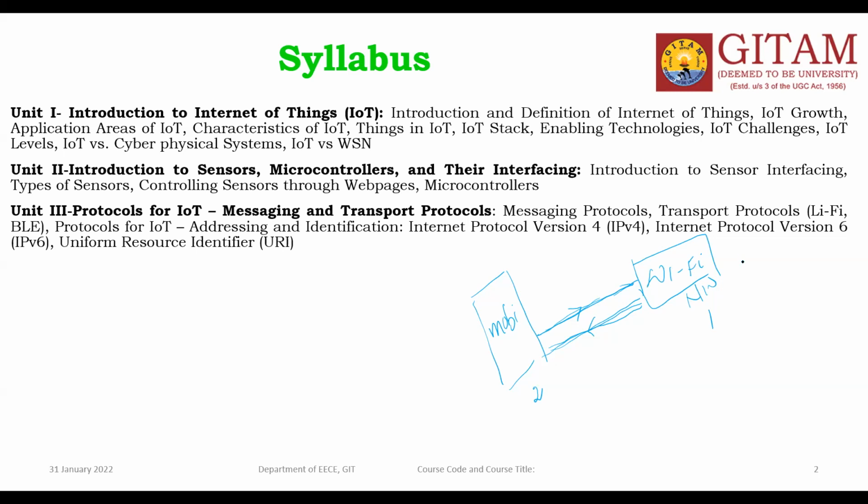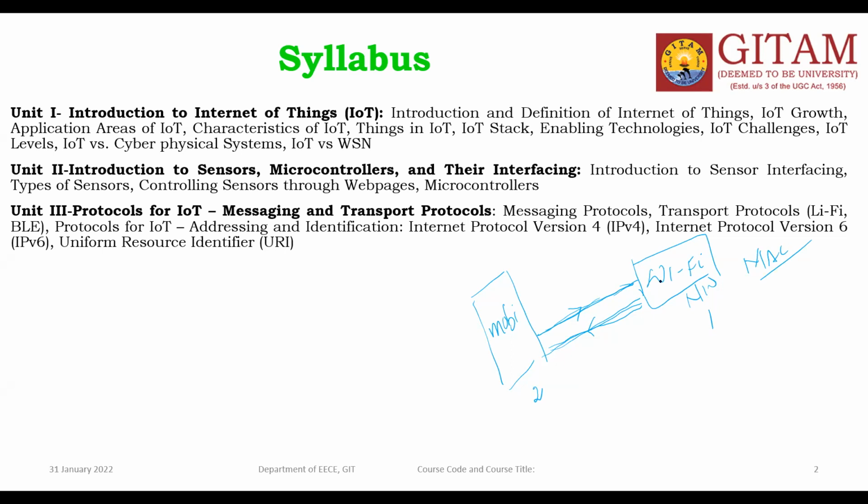Generally we know the MAC protocol, medium access control protocol. A protocol is a kind of system through which data can be transmitted, and along with the data, some signals can be exchanged for authentication purposes. That is called a protocol.